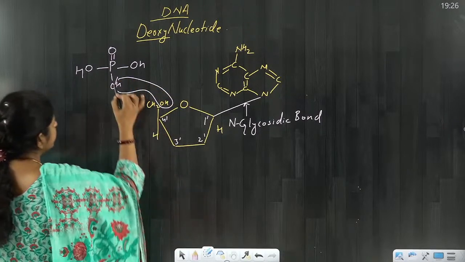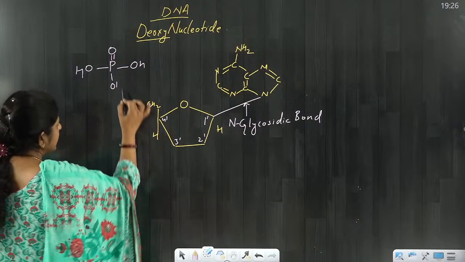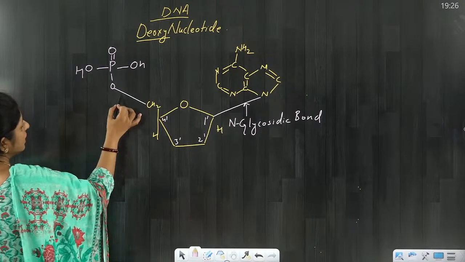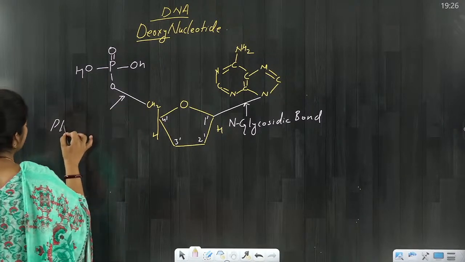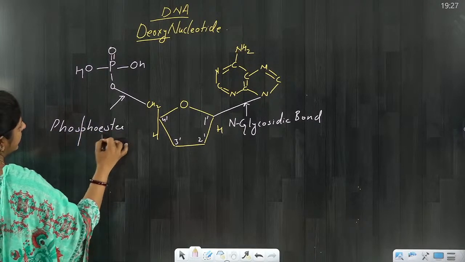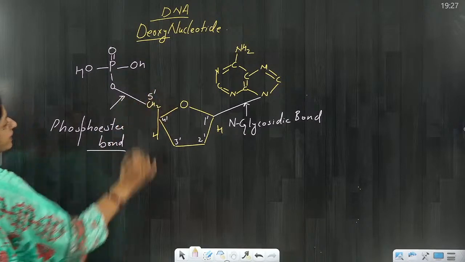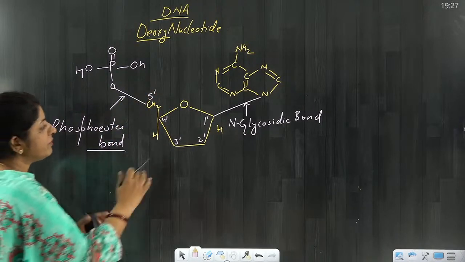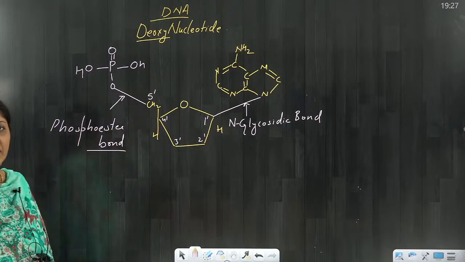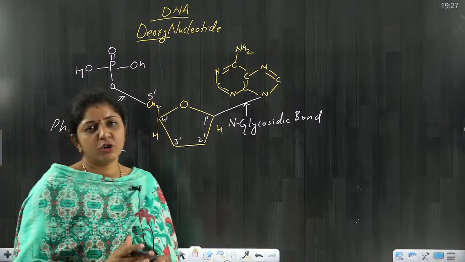If a water molecule is lost, there will be creation of a bond which you call a phosphoester bond, right? So the phosphoester bond is created at the 5 prime position and the glycosidic bond is created at the 1 prime position. This is one deoxy nucleotide in front of you.